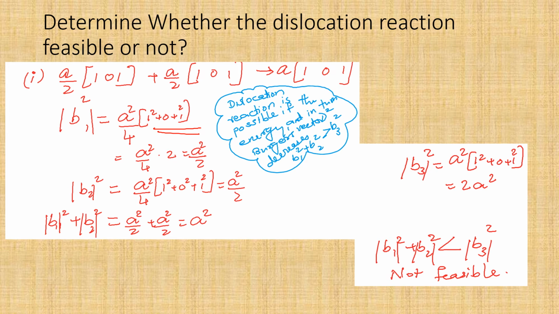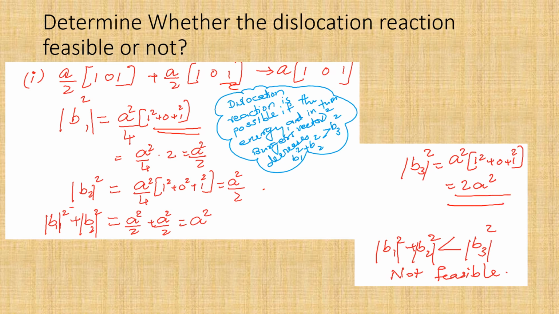Same way, the magnitude of b2 square, the second Burgers vector, is a square by 4 times 1 square plus 0 square plus 1 square, that is a square by 2. Then look at the product side, that is b3. The b3 square is a square times 1 square plus 0 square plus 1 square, that is equal to 2a square.